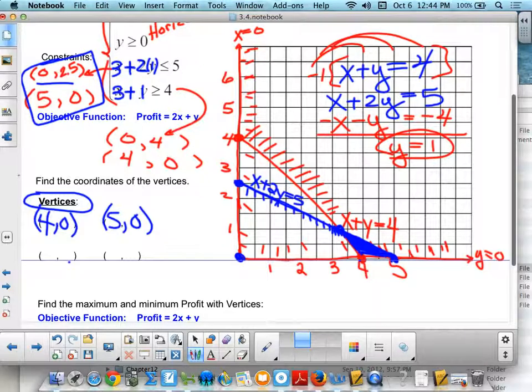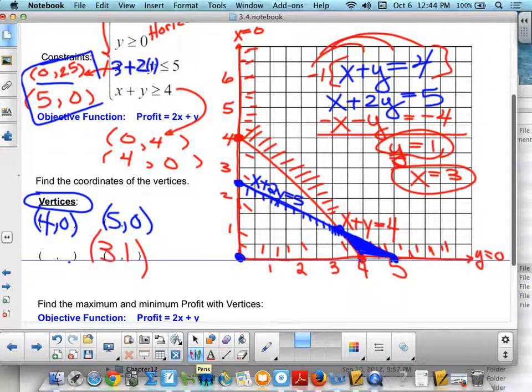If y equals 1, go right here, guys. What's the easy equation? What plus 1 equals 4? 3. X equals 3. Okay, so there it is, 3, 1.